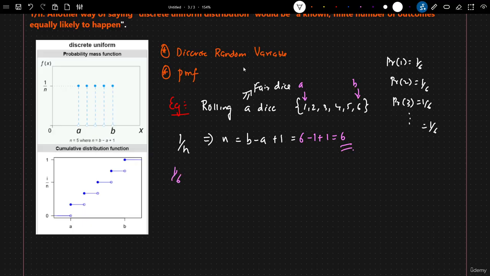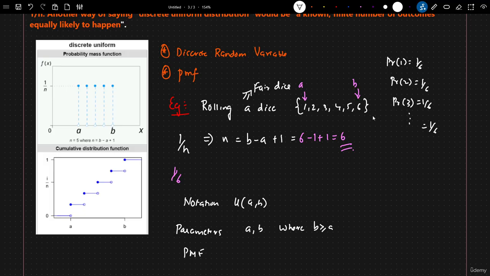So what is the notation that is specifically used over here? The notation will be nothing but uniform a comma b. In this, you will have the parameters. So parameters will be nothing but a comma b. Here, your b will be greater than or equal to a. Okay, that needs to be there.